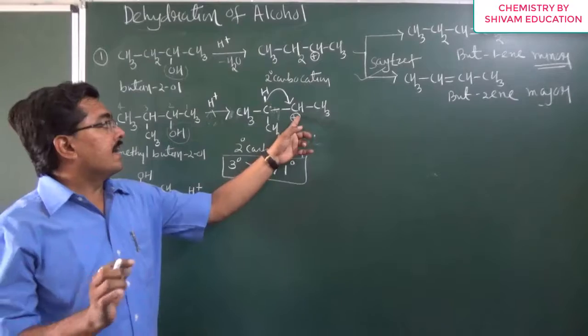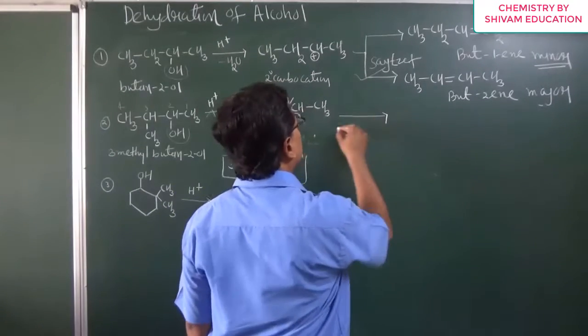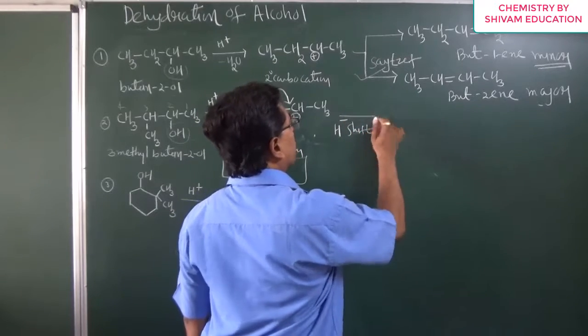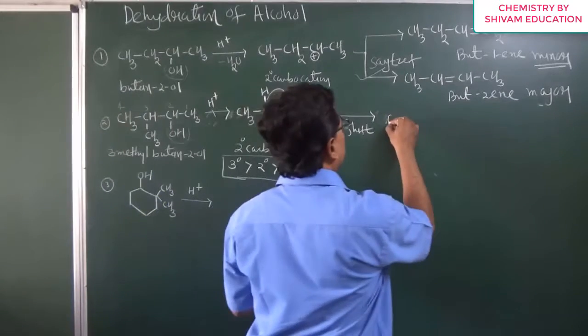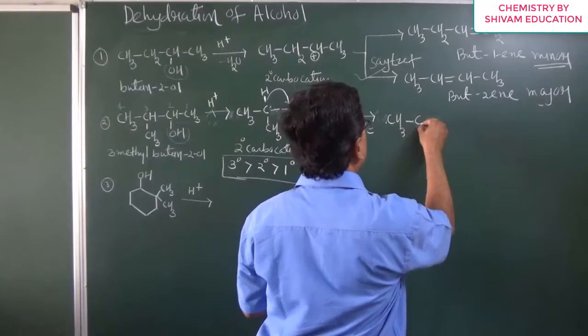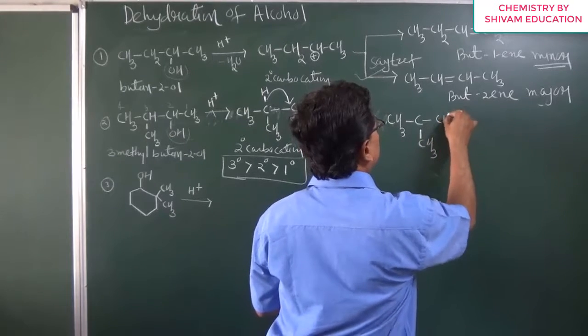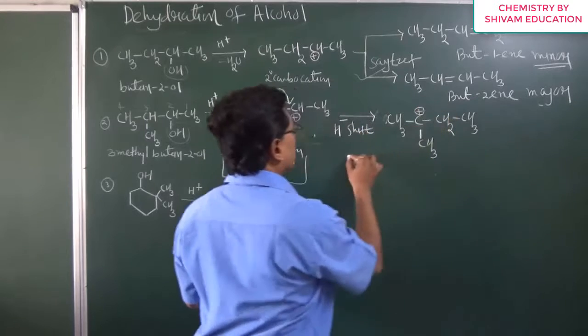So a hydride shift occurs, and because of this hydride shift, we will get a tertiary carbocation. So we get this structure CH3 C CH3, and here once again CH2 CH3, and here we obtain this carbocation.